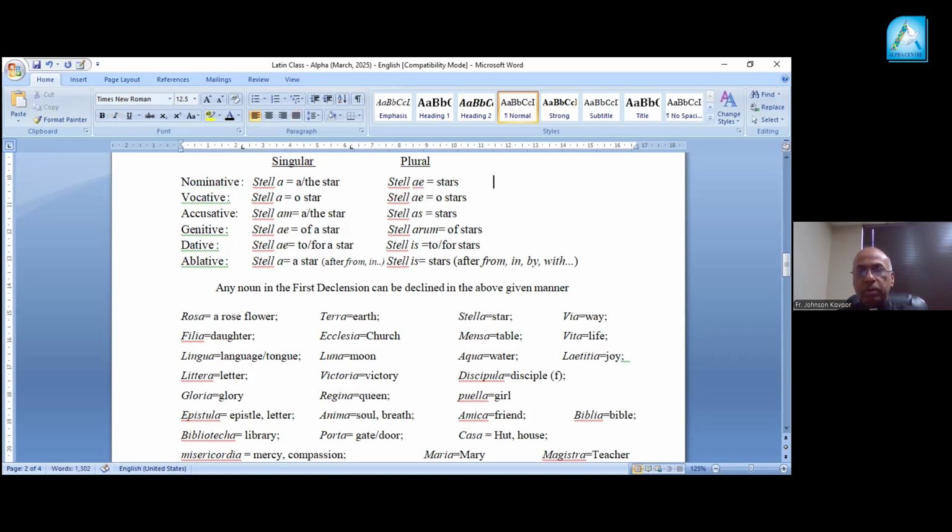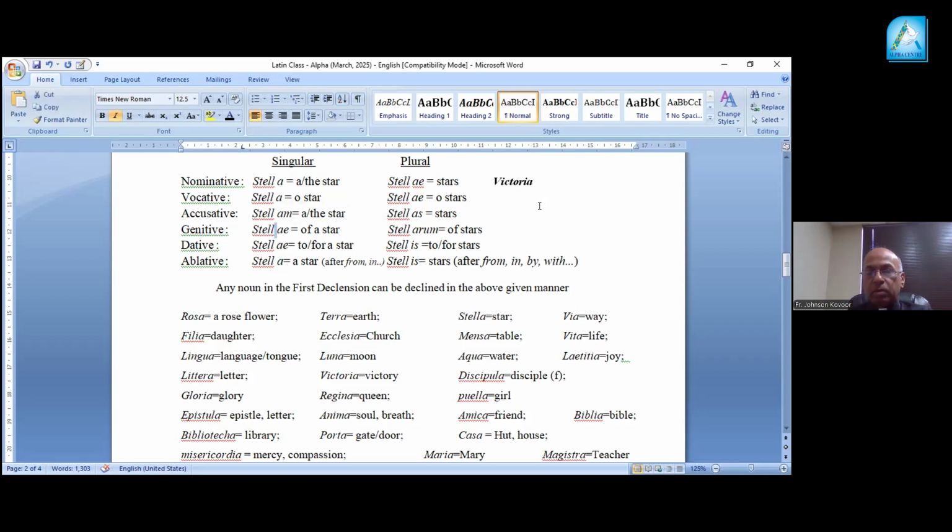Just connect it to the nominative case. Nominative case is Victoria. Nominative vocative singular is Victoria itself. Victoria means victory. The t is pronounced very soft, Victoria, like that. Then accusative singular, what will it be? Victoriam.